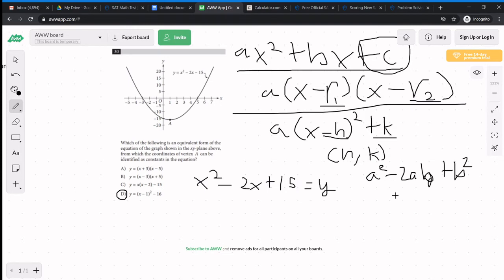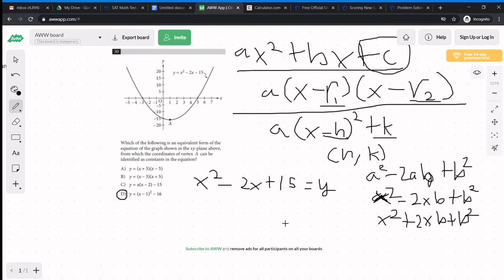Of course, the a is going to be the x. So you're going to get x squared minus 2x times b plus b squared, or you can get it as x squared plus 2xb plus b squared.